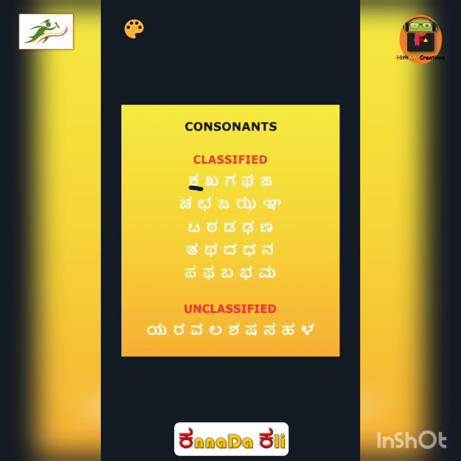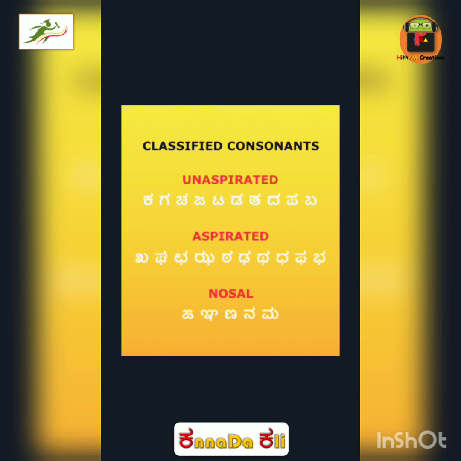And the second letter is kha. So you see the difference. To pronounce the first letter, it doesn't require much breath, but the second one requires. So based on that, classified consonants are categorized into, the first category is unaspirated.